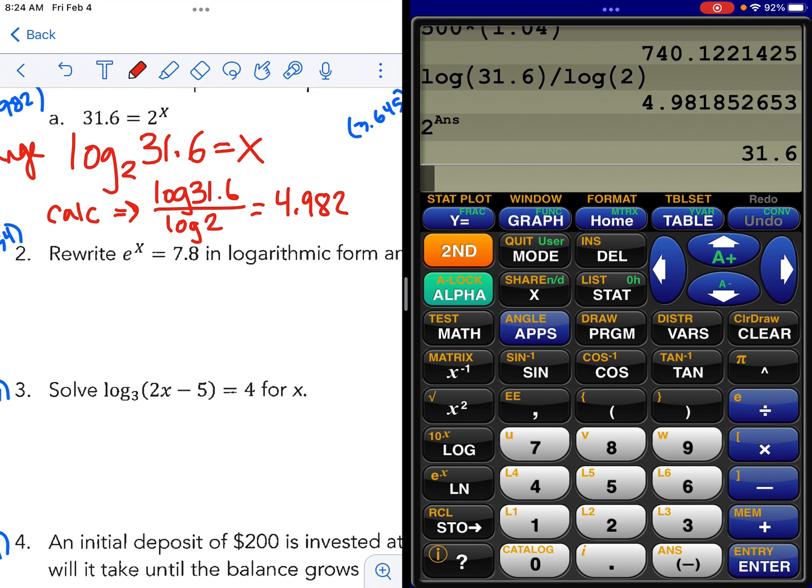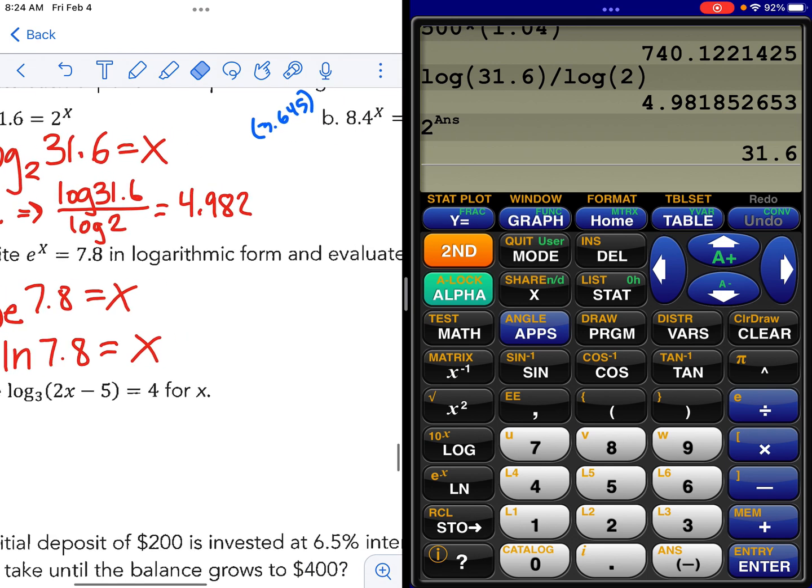When we rewrite this next one, we can say log base e of 7.8 equals x. But log base e is natural log, so we have a key for it. It's an ln key, and it's just beneath the log key. It's right here. And that's kind of nice, because then we don't have to do the division process.